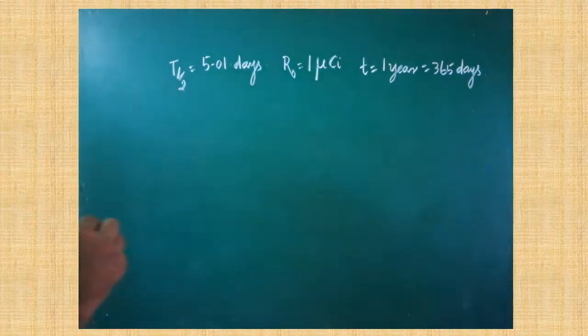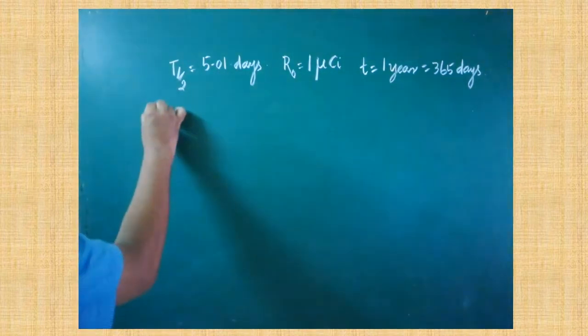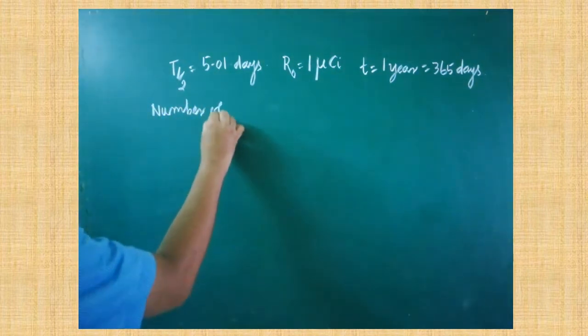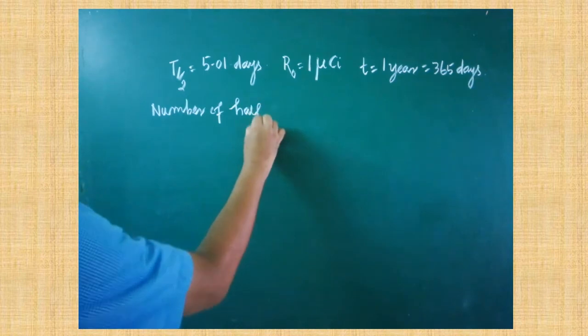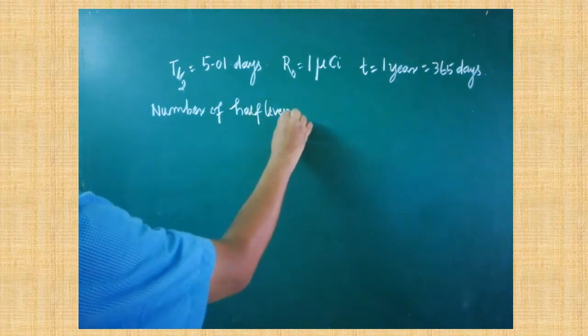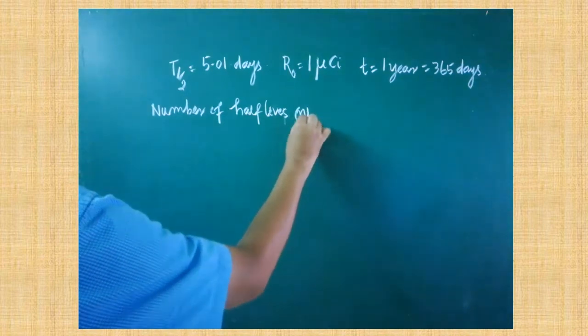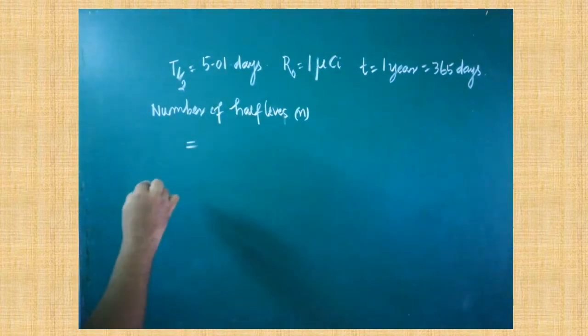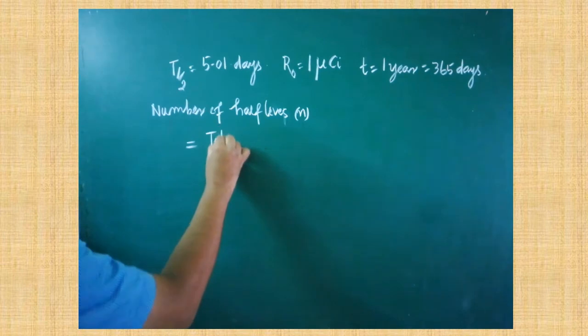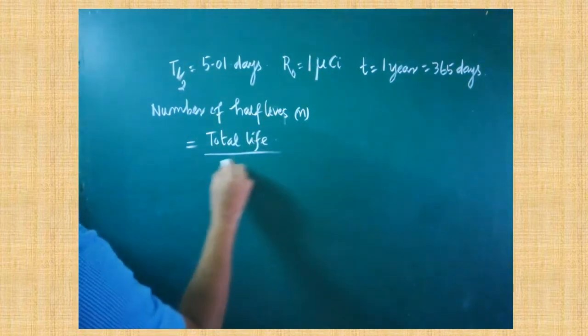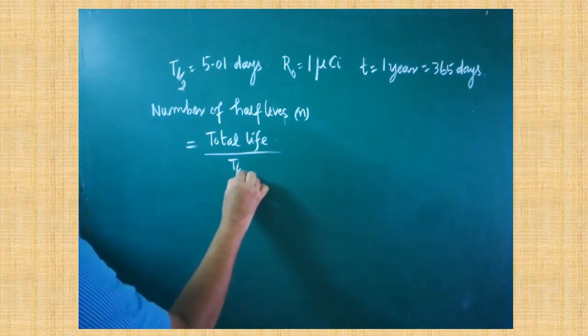First, we will calculate the number of half-lives. How will you calculate the number of half-lives? That is nothing but small n. Small n, the number of half-lives, is equal to the total duration divided by the half-life period of the bismuth.